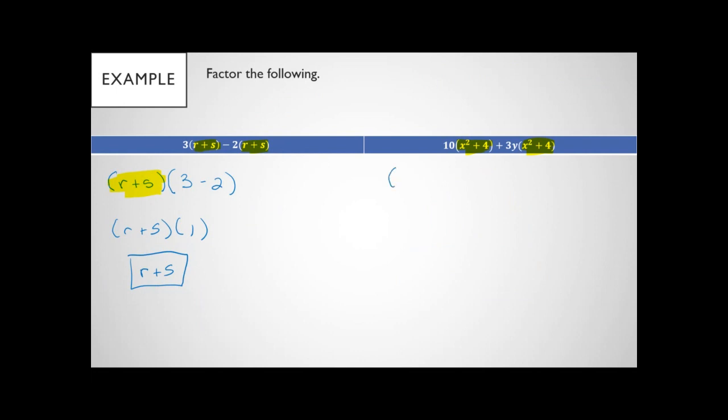Whatever's in parentheses goes in front because we're undoing this distributive property there. And then whatever's not in parentheses goes in the parentheses after that. So that ends up with 10 plus 3y. And then you're done. You've basically undone the distributive property by pulling it out in front.